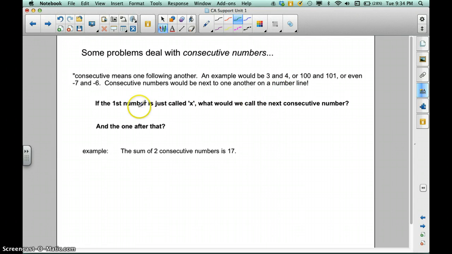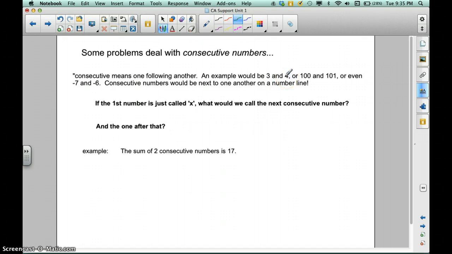All right, so if the first number is just called x, what would we call the next consecutive number? Now some of you will know this right away. Others might need to think about an actual number. So let's say instead of x, the first number was 3. What would you have to do to that number to get the next consecutive number? What do you do to 3 to get 4?